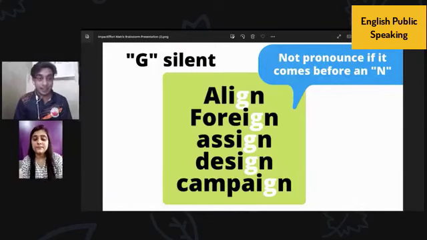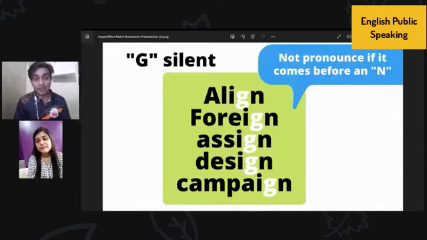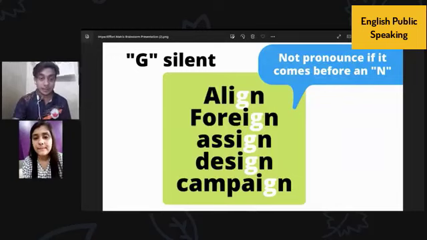letter Z silent. Not pronounce it. It comes before an N. That means when N is at the end of the word, probably at that time we do not pronounce letter Z, such as align, foreign, assign, design, campaign.